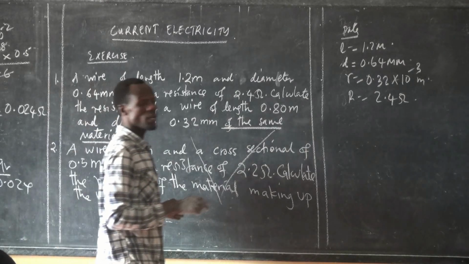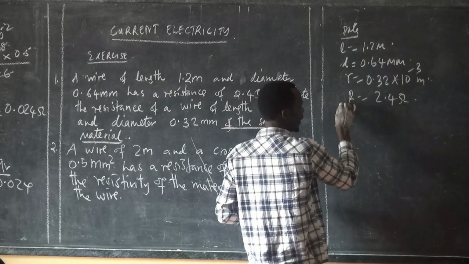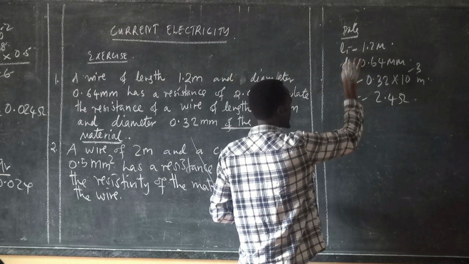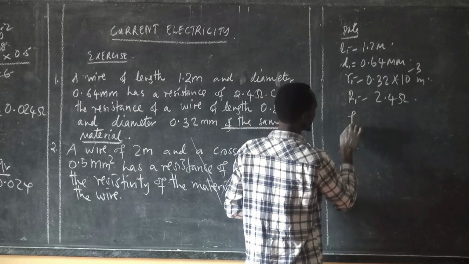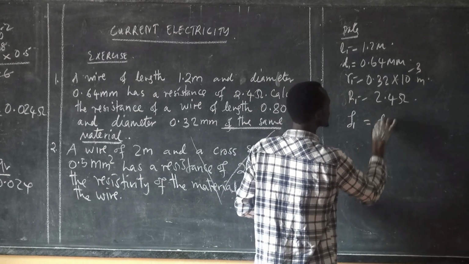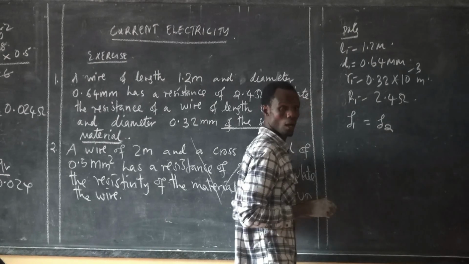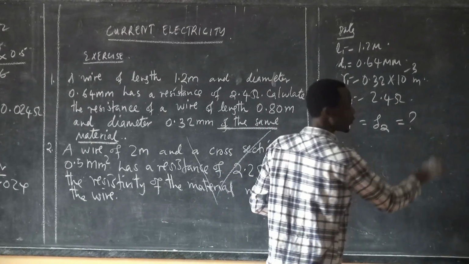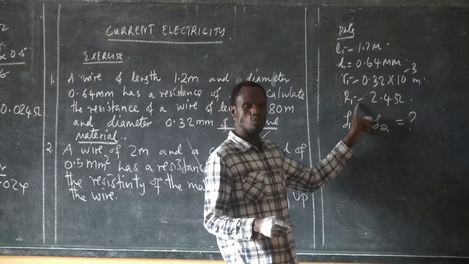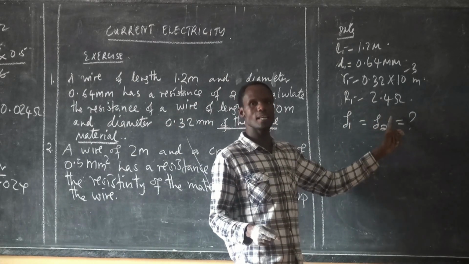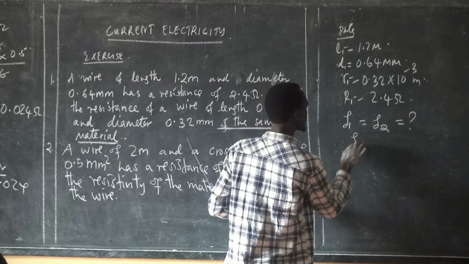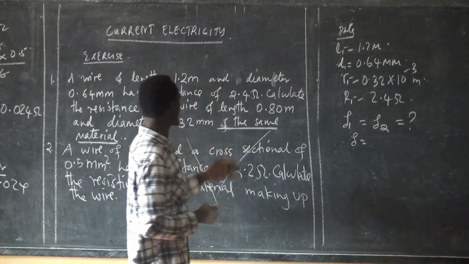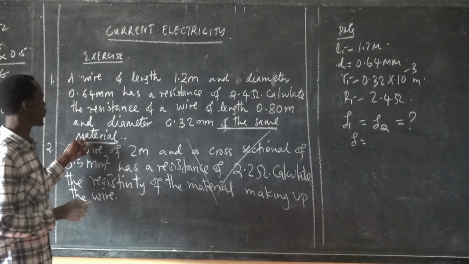Same material means resistivity of the first one. If this is length 1, this is diameter 1, this is radius 1, this is resistance 1. Now, resistivity 1 is equal to resistivity of the second wire, which now we don't know. Resistivity of the first wire is equal to the resistivity of the second wire, because the wires are of the same material.